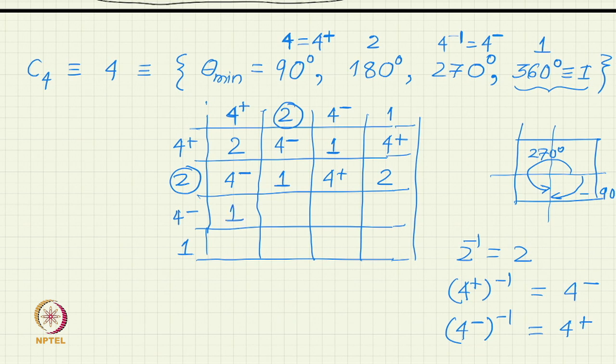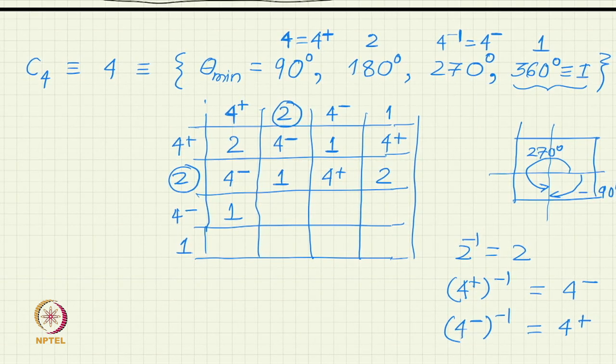So, you will get 1 here, 4 minus and 2 will become 4 plus, 4 minus and 4 minus will become 2, and 4 minus and 1 will become 4 minus. And identity of course will leave everything unchanged. So, 4 plus, 2, 4 minus and 1. So, that is the so called Cayley table.